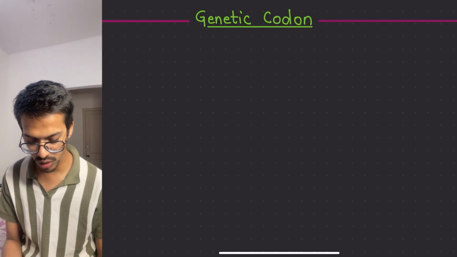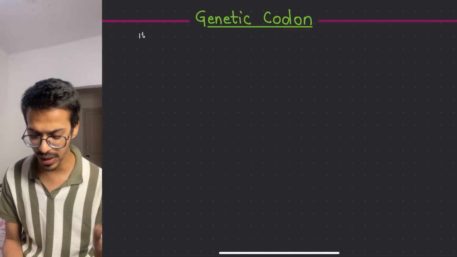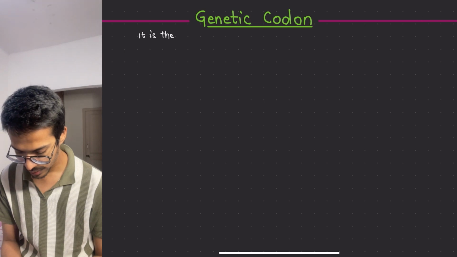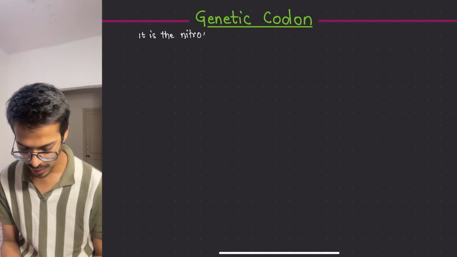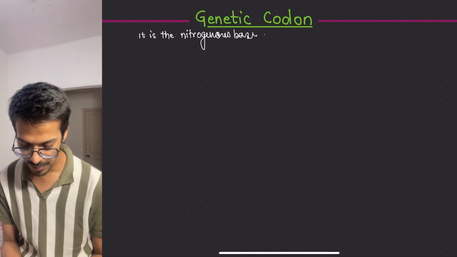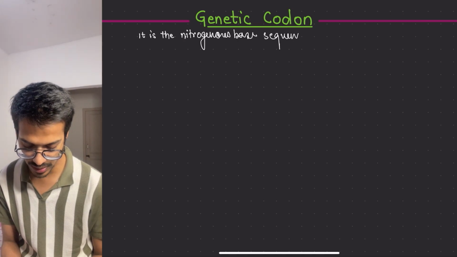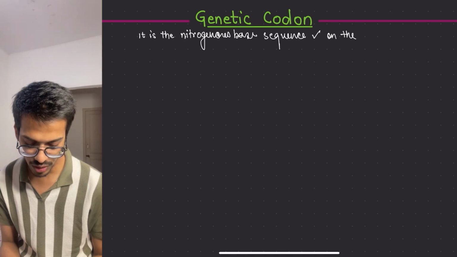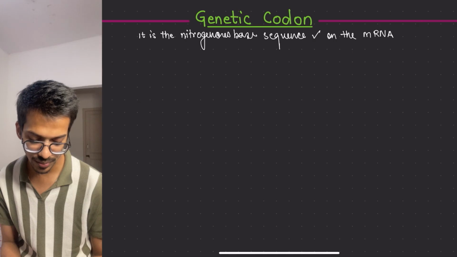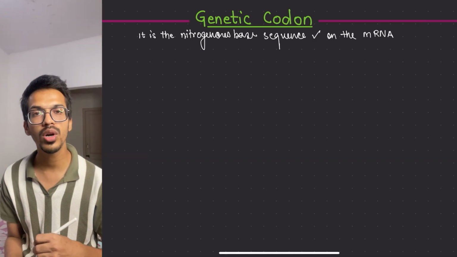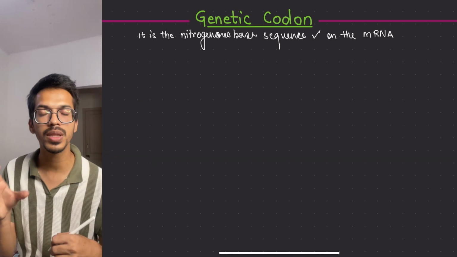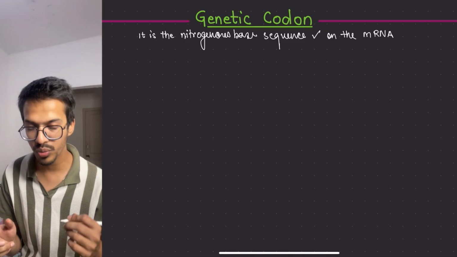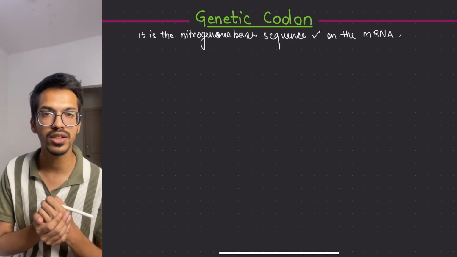So the genetic codon is nothing but the nitrogenous base sequence present on the mRNA, which will help in deciding which protein will be coded, which amino acids will align in the protein synthesis.